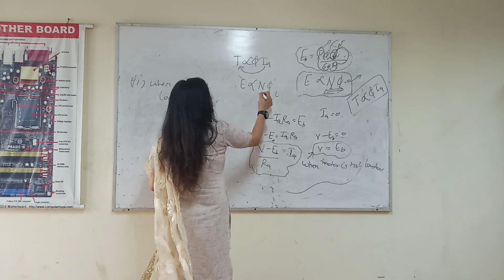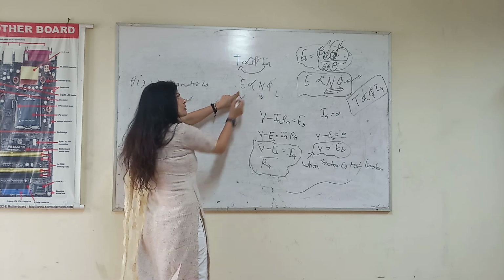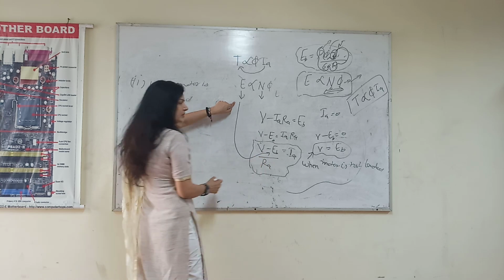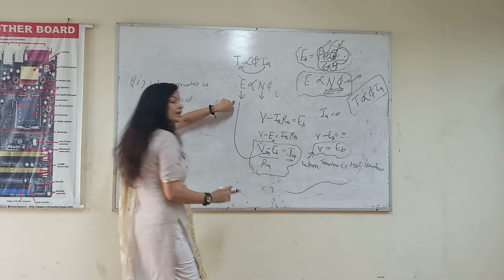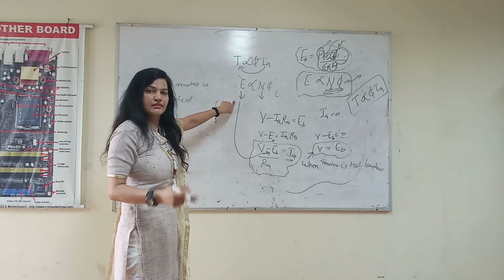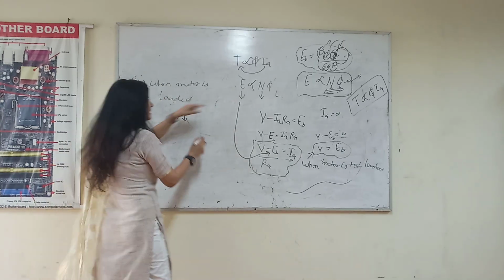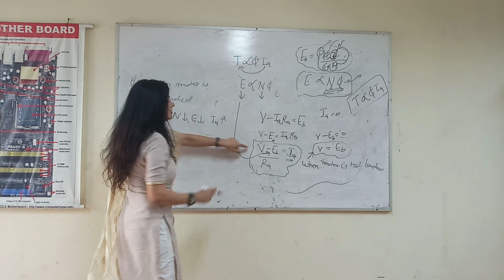If the speed slows down, what will happen? It depends upon E. E also slows down. And when E slows down, what happened? If E slows down यहाँ पर तो आपका Ia will increase.